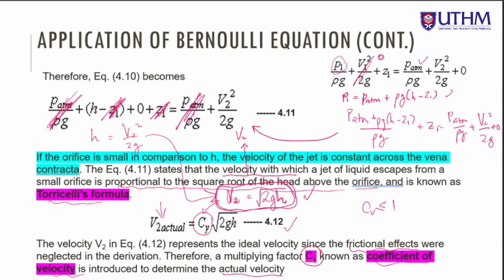So when it is less than 1, the total velocity will be less. So in any case V ideal must be greater than V actual. V actual will always be less than V ideal because of the introduction of the coefficient of velocity, due to the friction applied on the fluid.